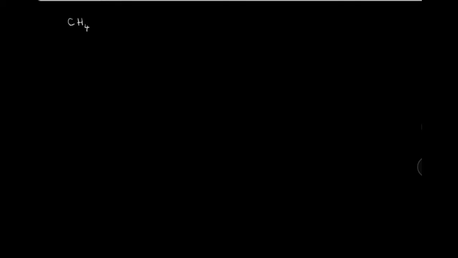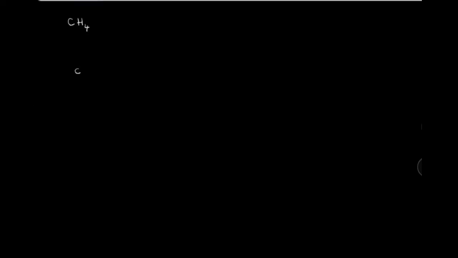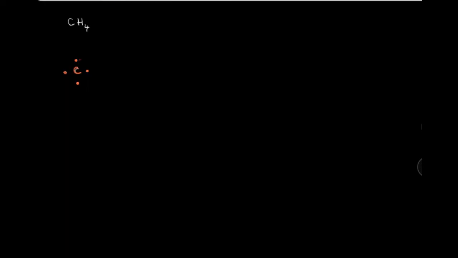If we're looking at methane, CH4, and you wanted to draw the Lewis dot structure, if this is carbon, let's make the central atom orange here. You can imagine there are 4 bonding atoms, and in a normal covalent bond, hydrogen receives one of carbon's electrons and donates its own.